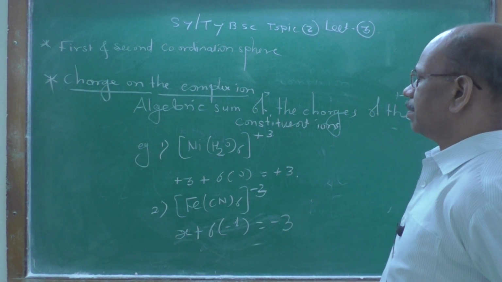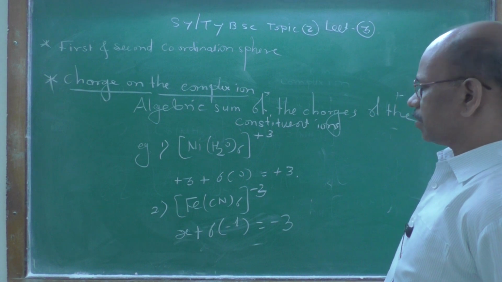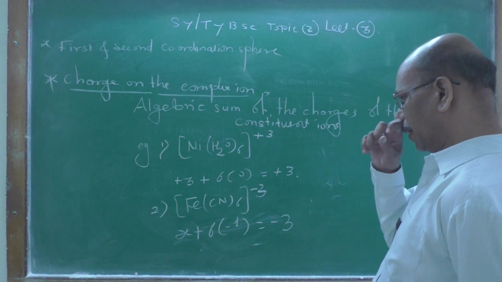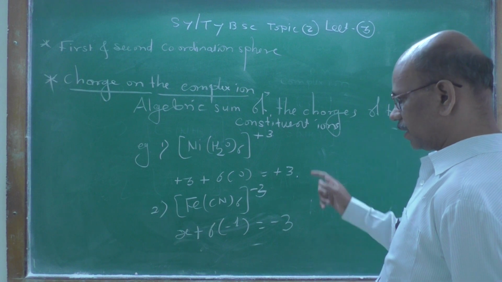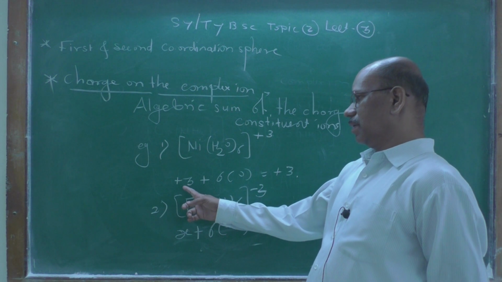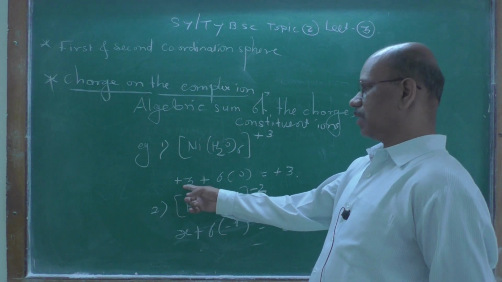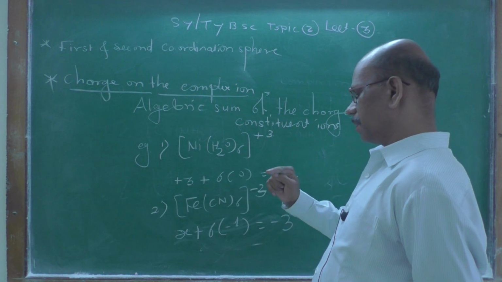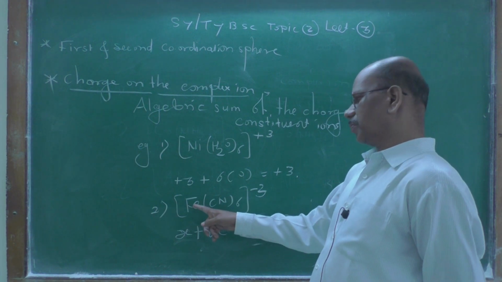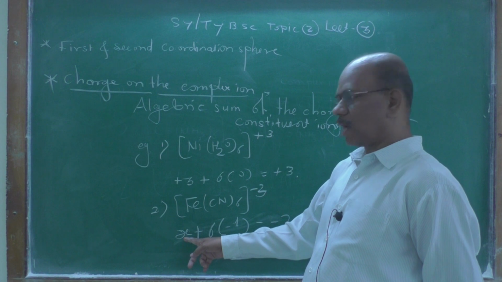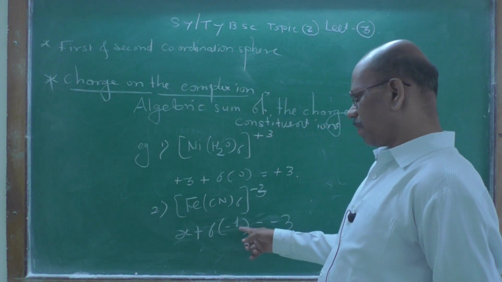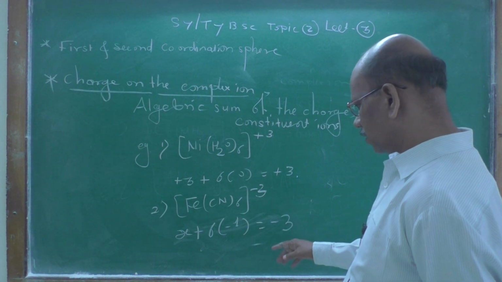Means actually, from the charge on the complex ion, you are able to find out the oxidation state of the metal present in the complex ion. So I have written here, I have considered the +3 oxidation state of iron. Now I can reverse it. Suppose we don't know the oxidation state of the ion, so we assume it as X. 6 multiplied by -1 is equal to -3.